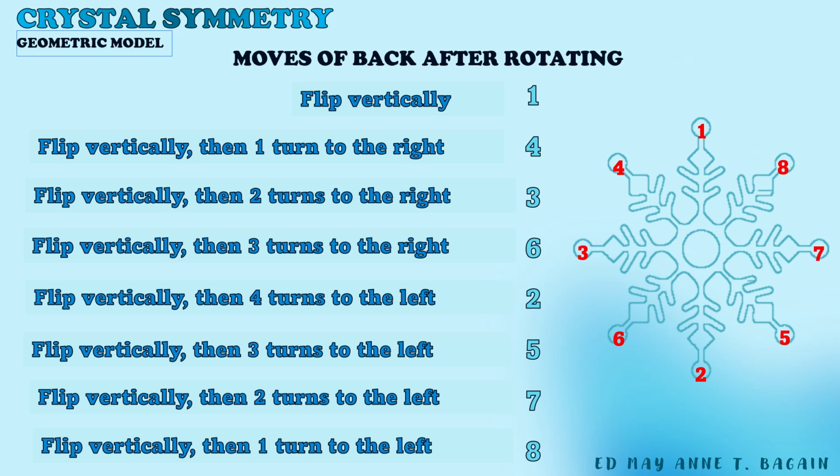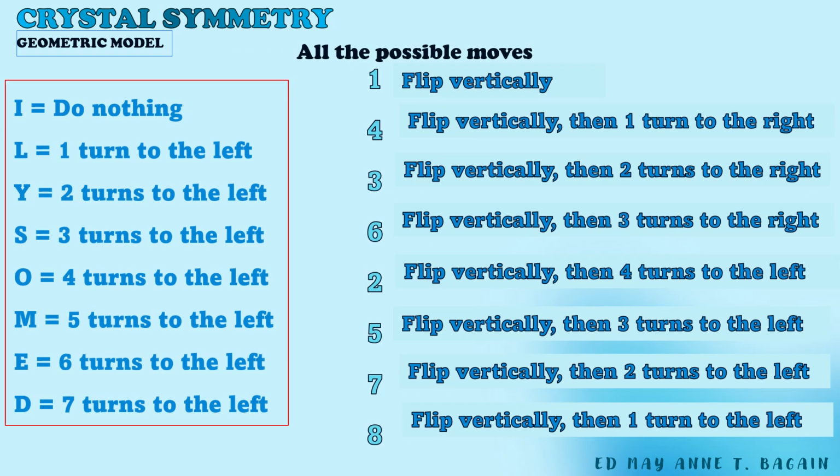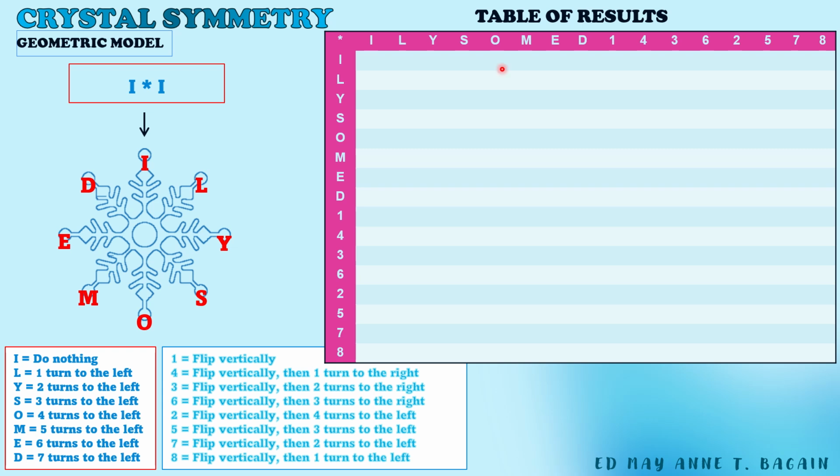And as we can see, we have here all the possible moves for the front and back moves. So let's check how it will be happening. As we can see, I star I means we are just doing nothing.